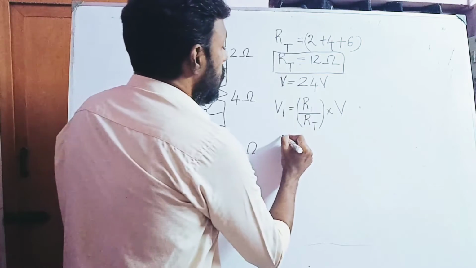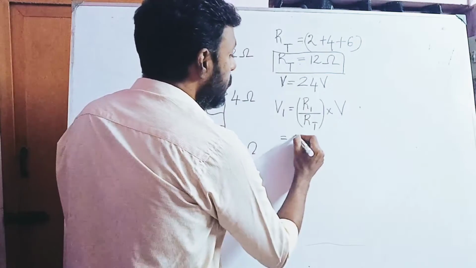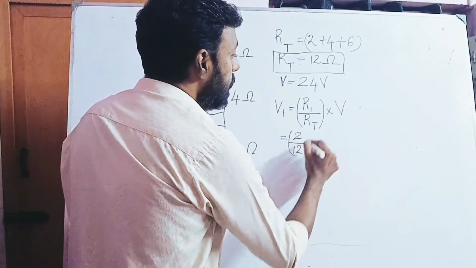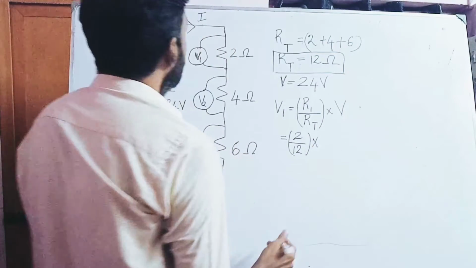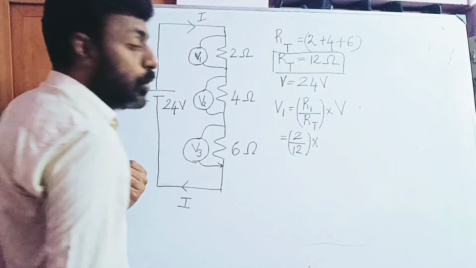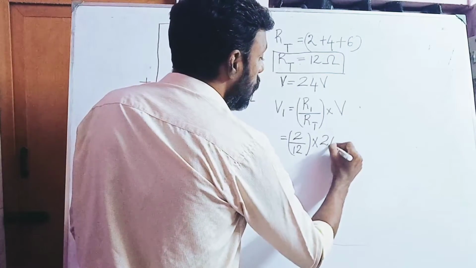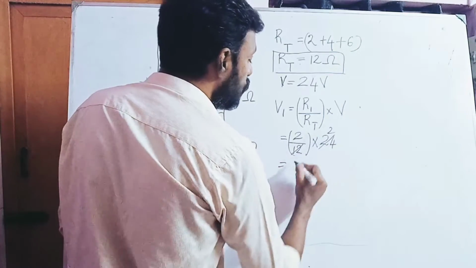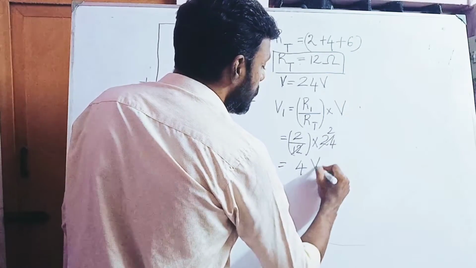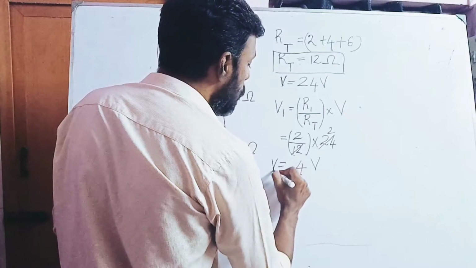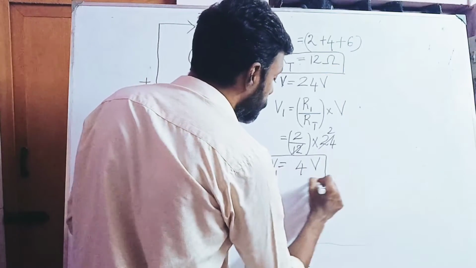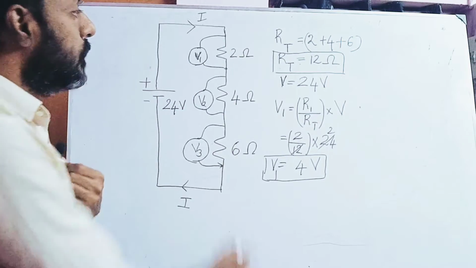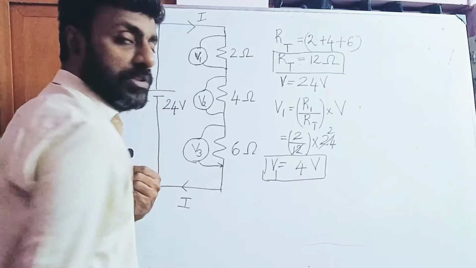R1 is 2 ohms, so 2 divided by 12 into 24. 12 twos are 24, so this is 4 volts. Therefore V1 equals 4 volts, the voltage developed across the first resistor.